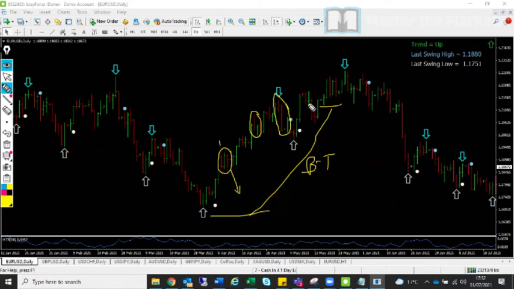So that increases our confidence when trying to trade and catch the turning point in order to capitalize from market phases.